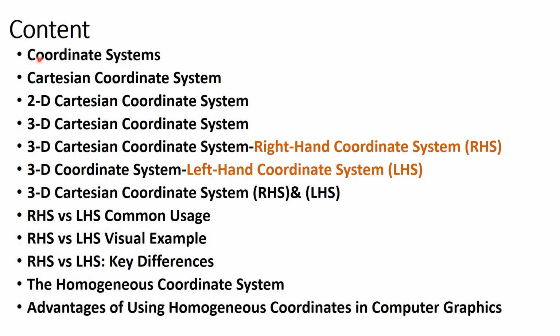Content: coordinate systems, the Cartesian coordinate system, two-dimensional, three-dimensional, the RHS, right-hand coordinate system, and LHS, left-hand coordinate system. And then we depict the 3D axis of the RHS and LHS with a cube to show the direction of each in each coordinate system.